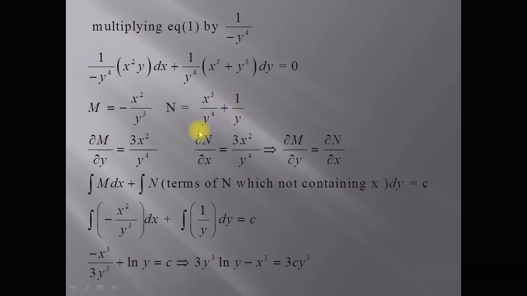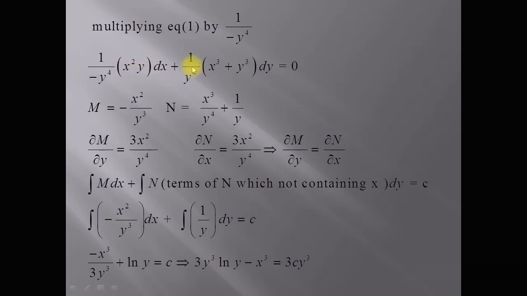Now dear student, note that the partial derivative of M with respect to y is equal to 3x squared divided by y^4, and the partial derivative of N with respect to x is also equal to 3x squared divided by y^4. Since these two partial derivatives are equal, this new differential equation is an exact differential equation.